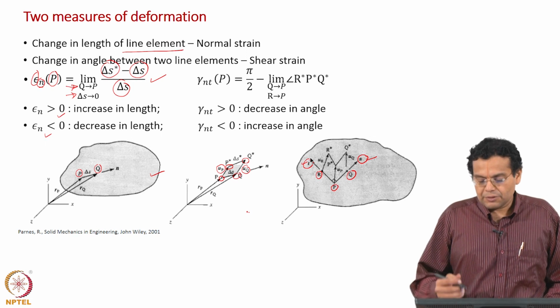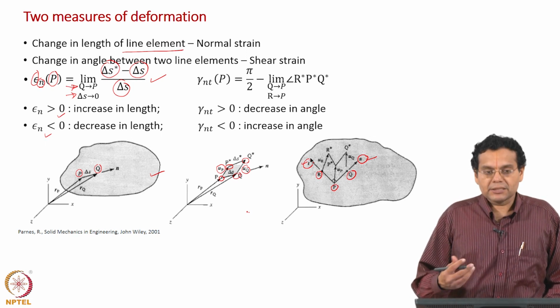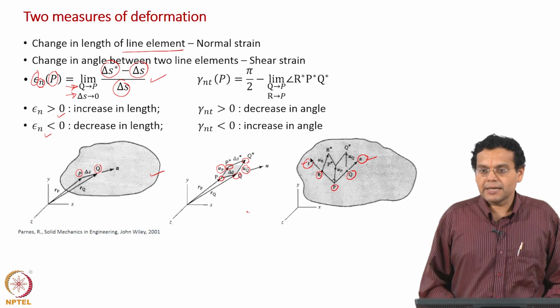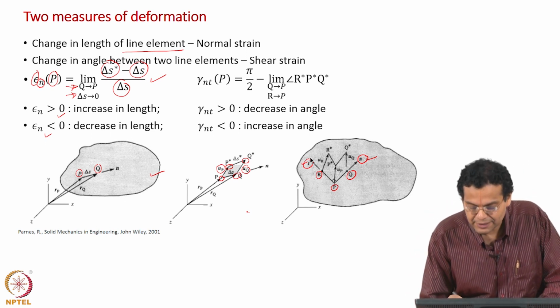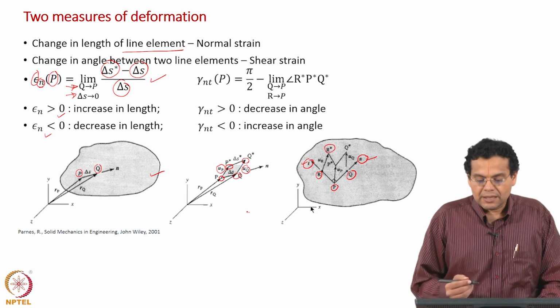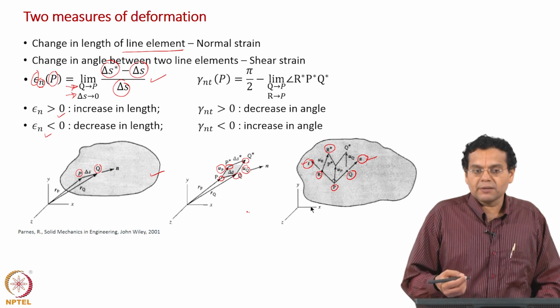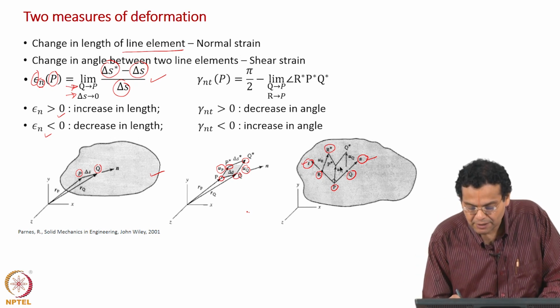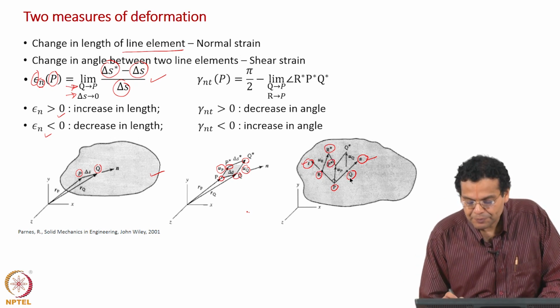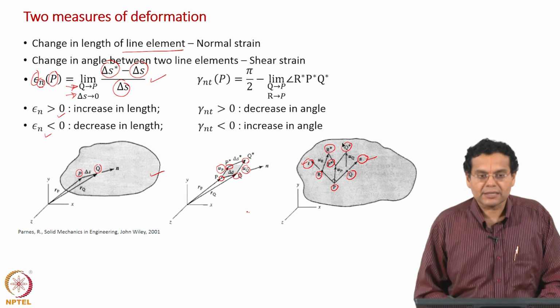Now, we apply a force, the body gets deformed, goes to another equilibrium state and then stops deformation. In the deformed state, in the final state, R has got displaced to R star. I am slowly starting to use more formal words: instead of saying moved to, I am using the word displaced to, okay. And then P has got displaced to P star, Q has got displaced to Q star.